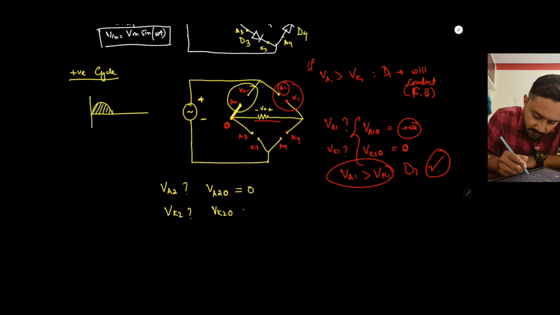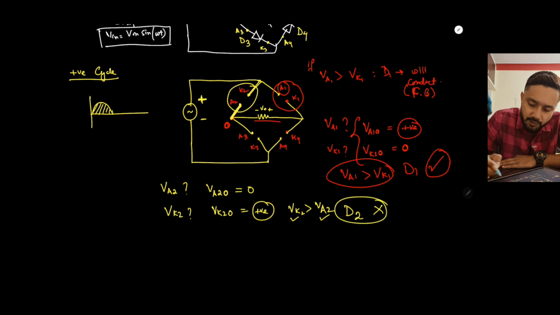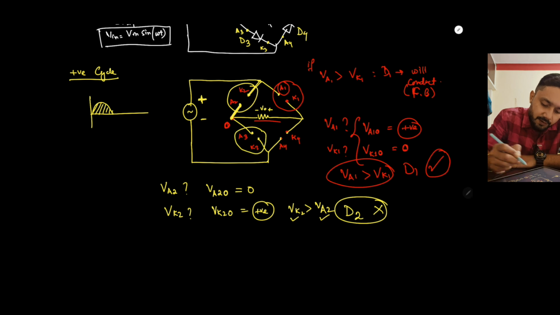VK2 with respect to the reference will be positive, because we are considering the positive cycle. So here VK2 is greater than VA2, meaning the cathode potential is higher than the anode potential, so that diode too won't conduct. Similarly, let's check diode 3.